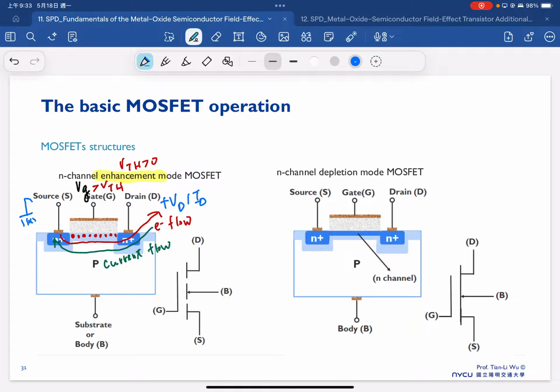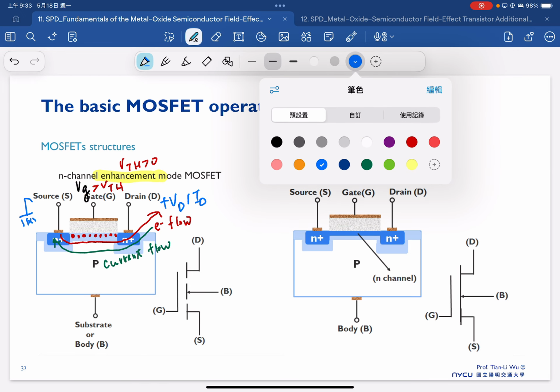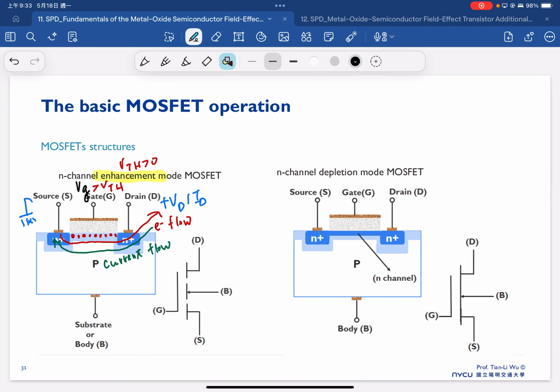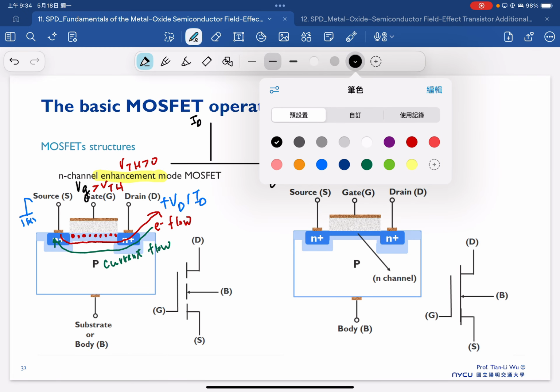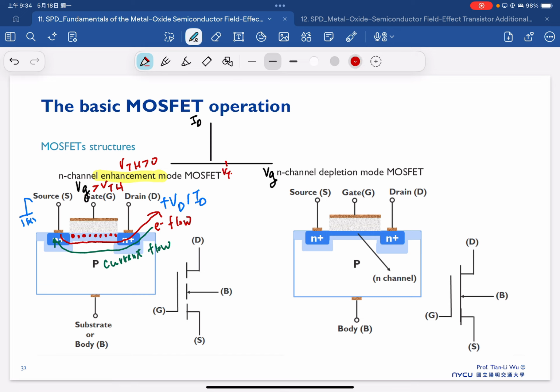So therefore the typical ID-VG characteristic is the drain current versus gate voltage here. Because our threshold voltage is larger than 0 volt, we have a VTH here. Below the threshold voltage, we won't see any current flow, but beyond the threshold voltage, we will start to see the current flow here.